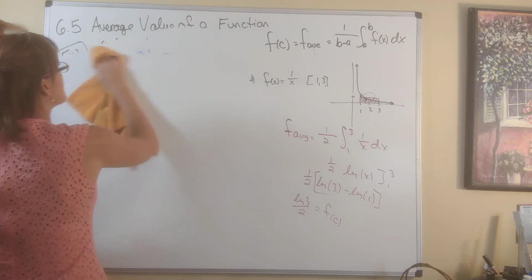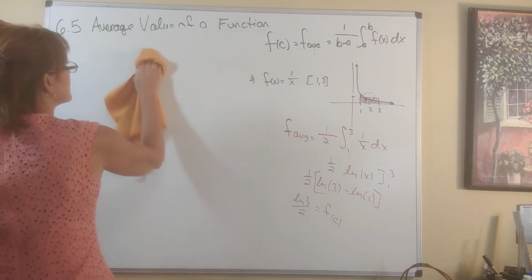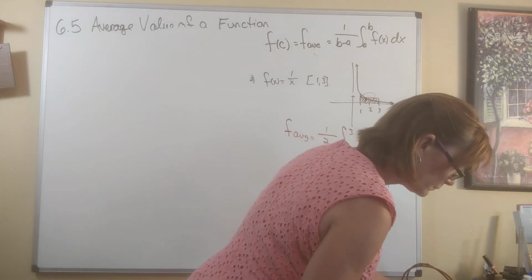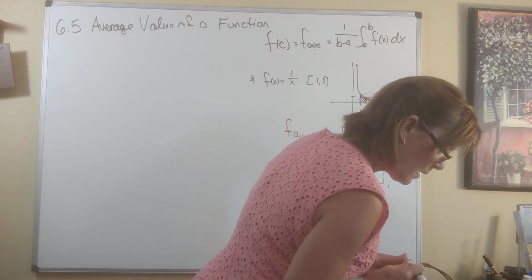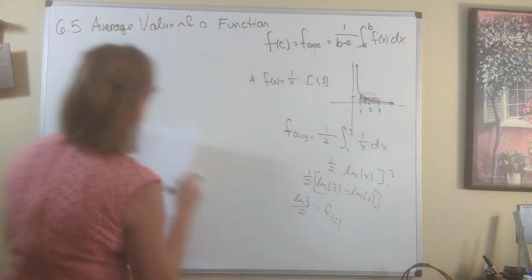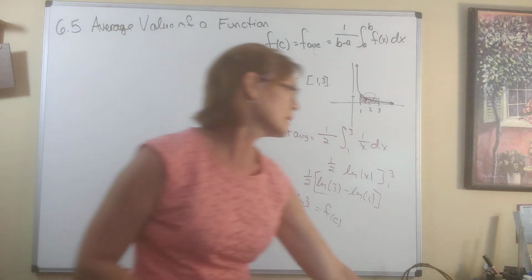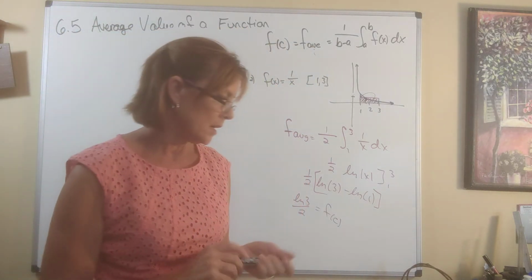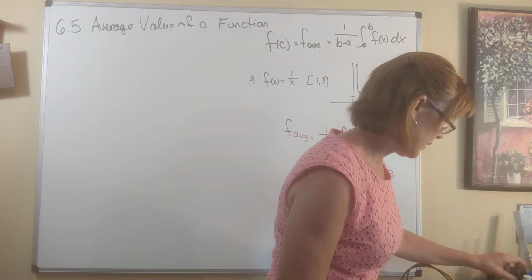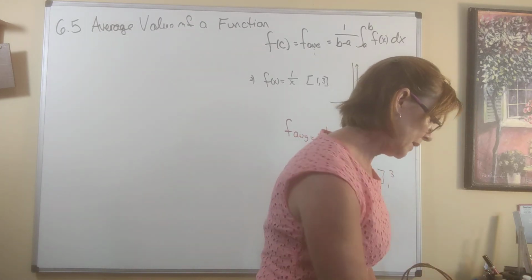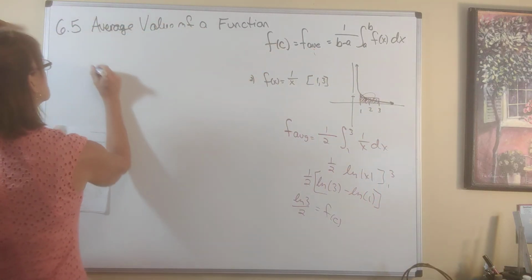This is number 4. The function is T of t is equal to 50 plus 14 sine of pi t over 12.